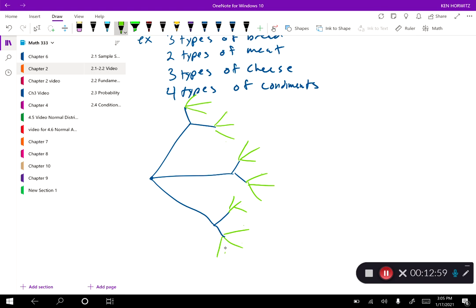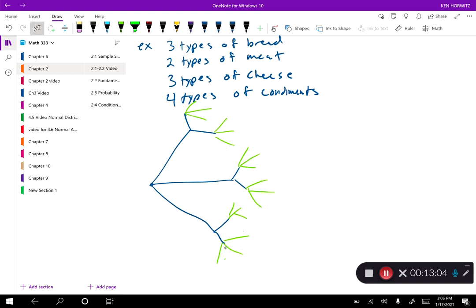All right? So, statisticians said that, amazingly enough, if you write out this tree diagram, by the way, it fell into a pattern.